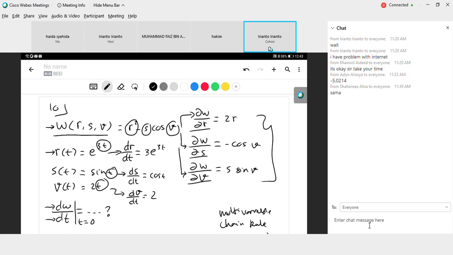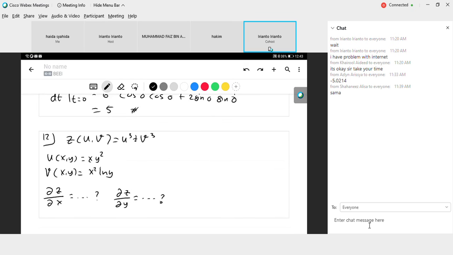That's why we put dw dt. Now for this one, if I substitute u and v, I get z as a function of x and y. So the derivatives are partial derivatives, not d, but partial z partial x and partial z partial y. Do you understand?